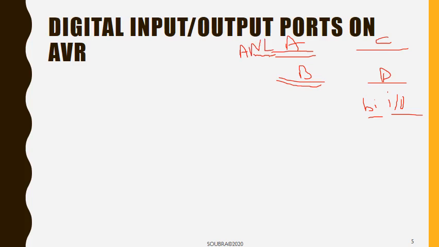Alright, so the idea is to know how to set them up. So we started by trying to find out what information is needed to know how to deal with those ports. First is the naming convention. So we have X, and X could mean any of the ports that I presented in my lectures.